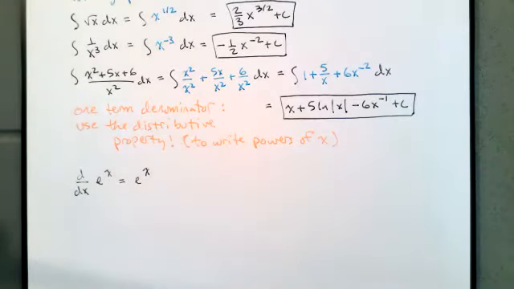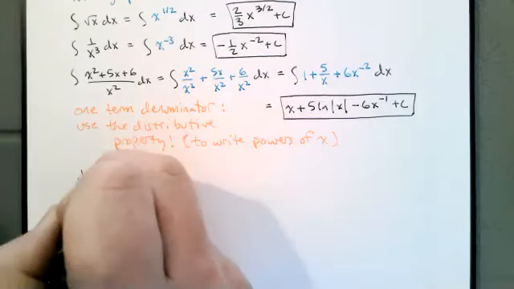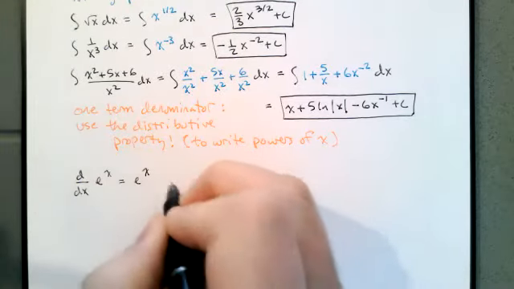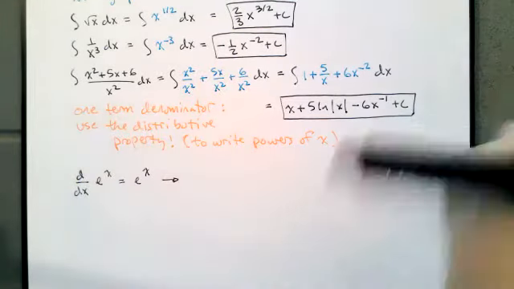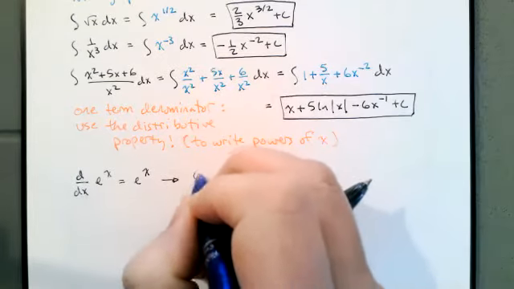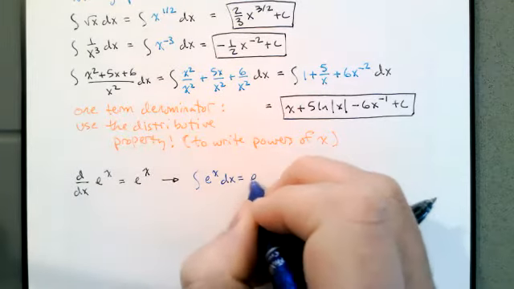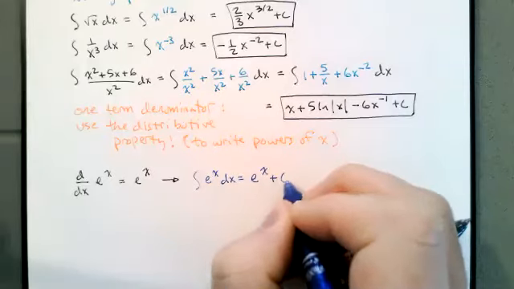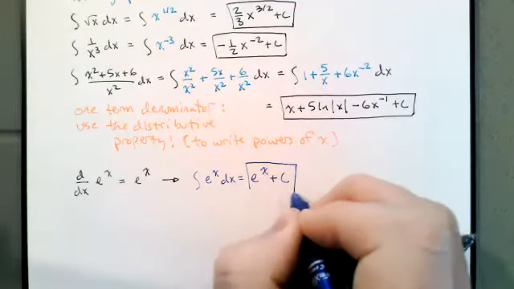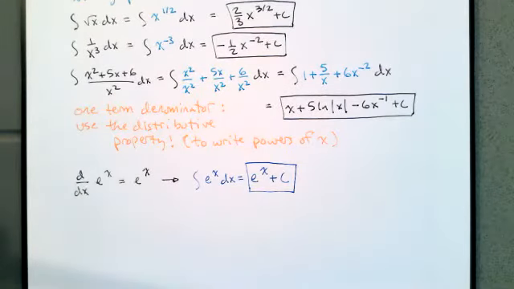The derivative of e to the x is e to the x. So what this means is that the antiderivative of e to the x dx is just e to the x plus c. All the derivative rules that we had before are now integrals that we have.